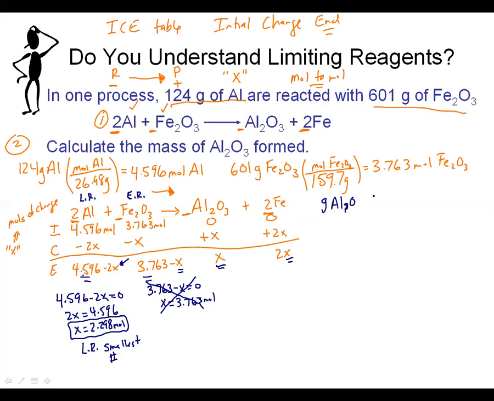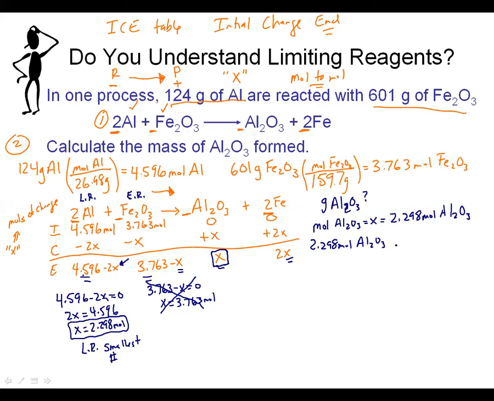What we can see from the table is that the moles of aluminum oxide equals x, and we see that x is 2.298 moles of aluminum oxide. Then we can use the molar mass of aluminum oxide from the periodic table to convert that into grams.